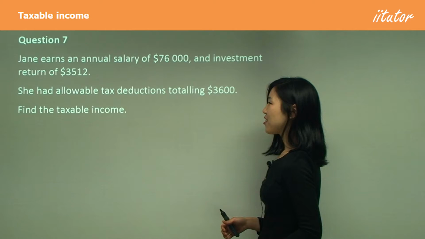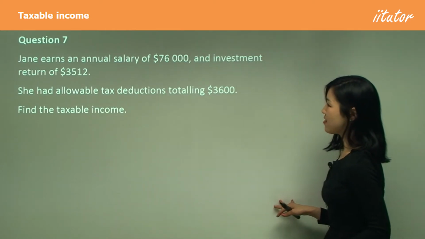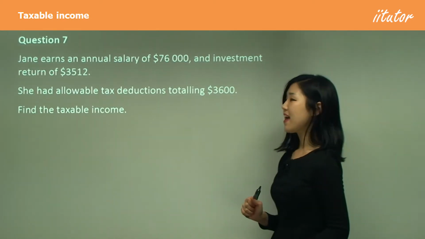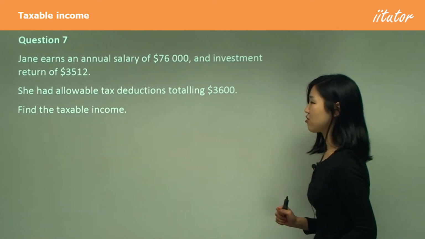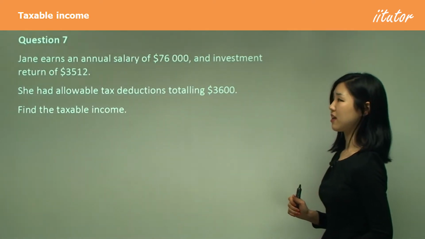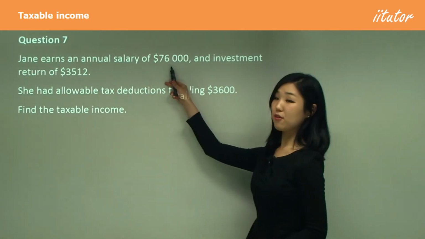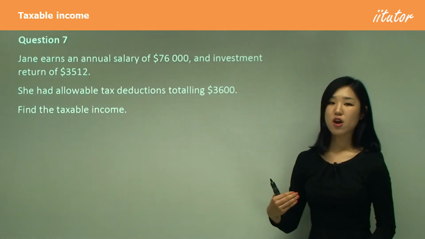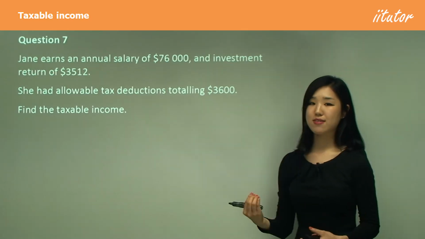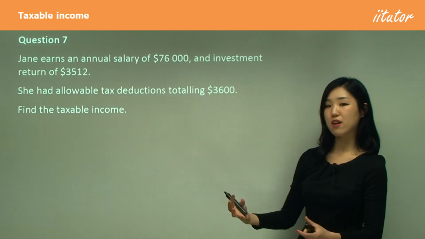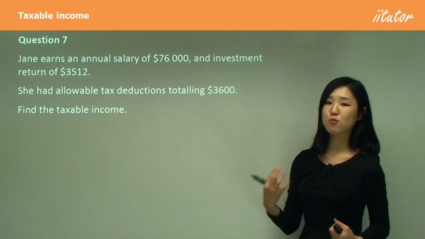Jane earns an annual salary of $76,000 and the investment return of $3,512. Now she had allowable tax deductions totaling $3,600. Find the taxable income. That's her annual salary, and she also gets investment return. So say, for example, she's invested in something and she gets a share of that in return. That's also part of what she gets.